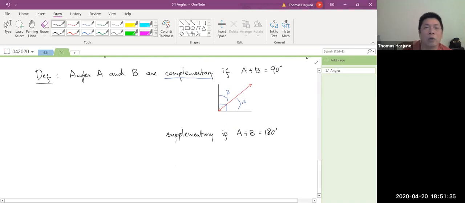So when you add those two angles, they add up to 180 degrees. Let's say this is my angle A and this is my angle B. Notice that they add up, forming 180 degrees, making it a straight line.